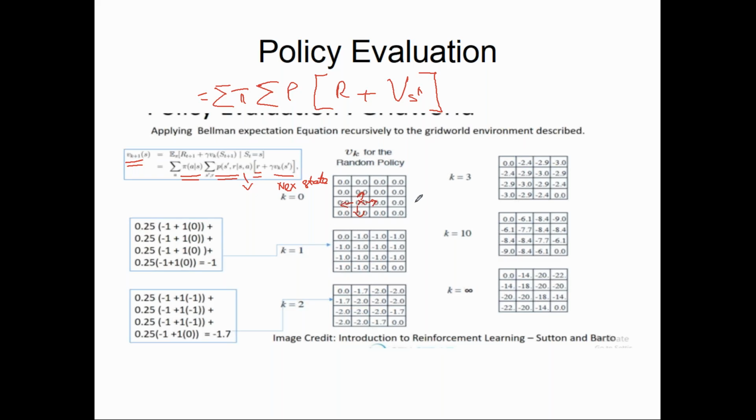That means each probability comes out to be 0.25. That means 0.25 probability of moving this way, 0.25, 0.25, 0.25. This is the probability because of the policy.